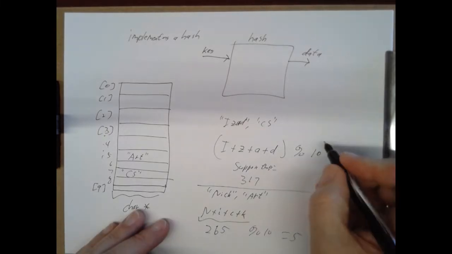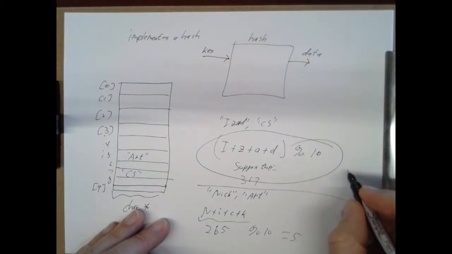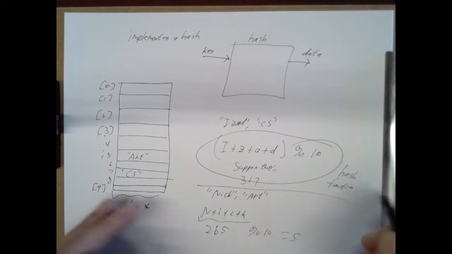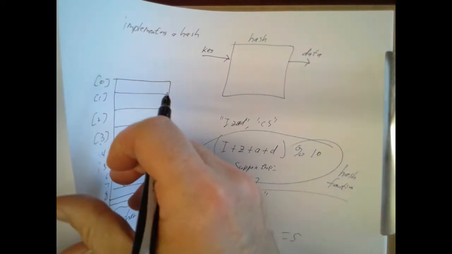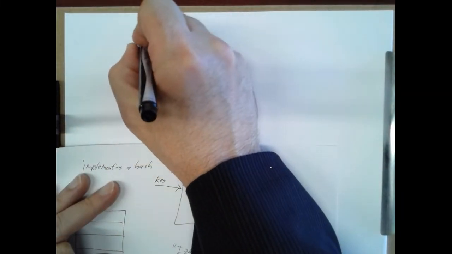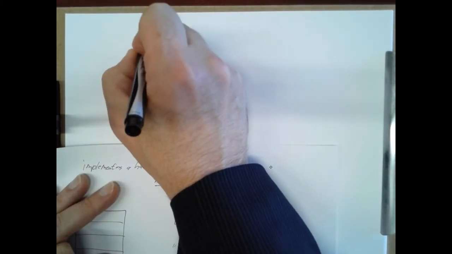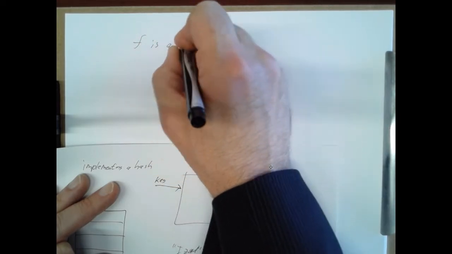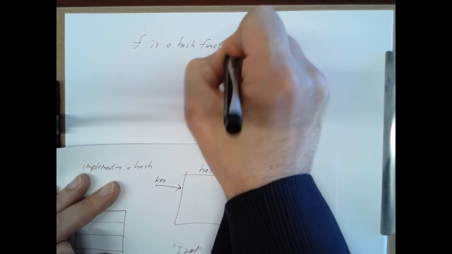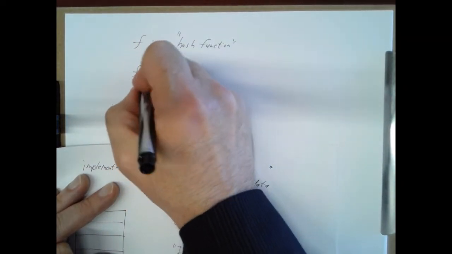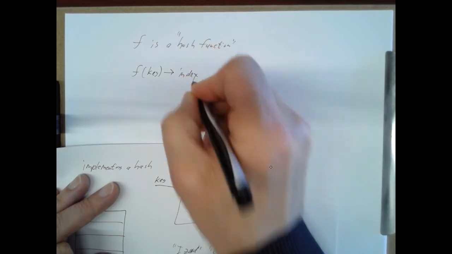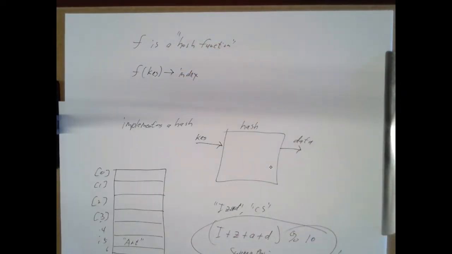So this is called a hash function. And here's the idea. f is a hash function. f of some key gives you an index into this array.